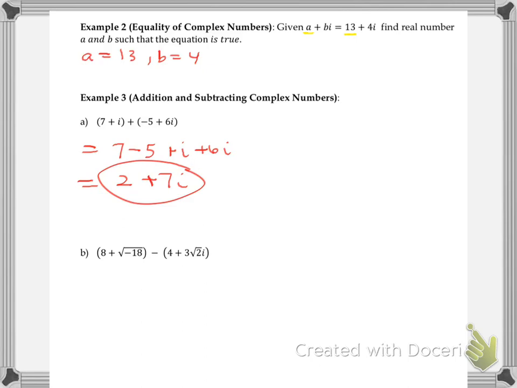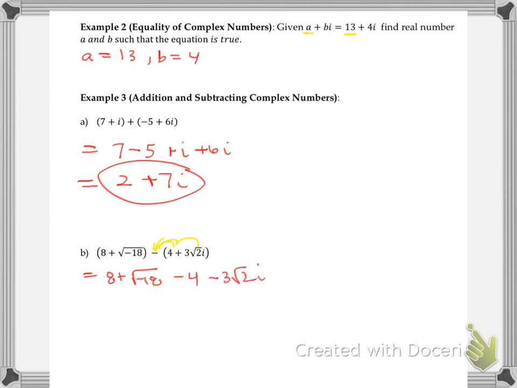Let's look at B. First, since this negative sign is there, be very careful because that needs to be distributed, right? That negative to each term. So let's distribute that to each term first. And so before we start our work, that'll be negative 4 minus 3 root 2i.